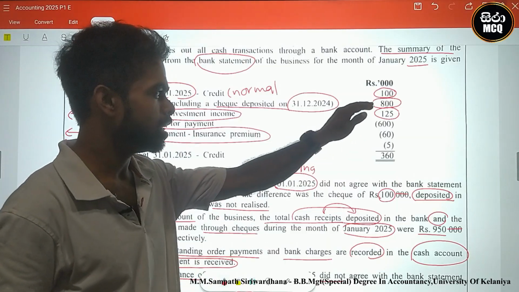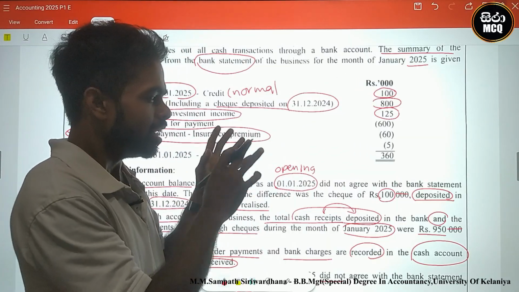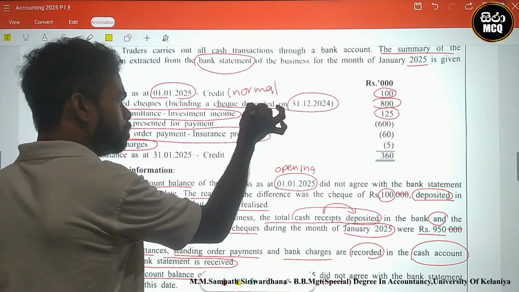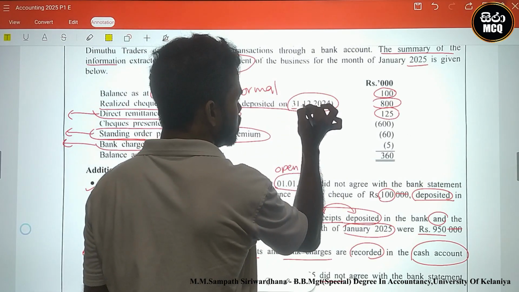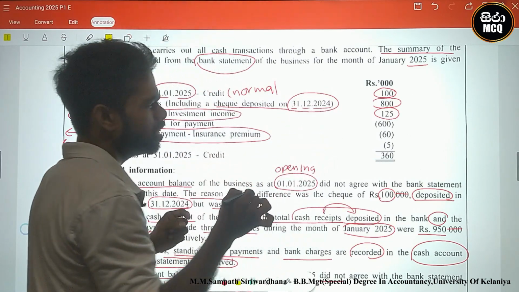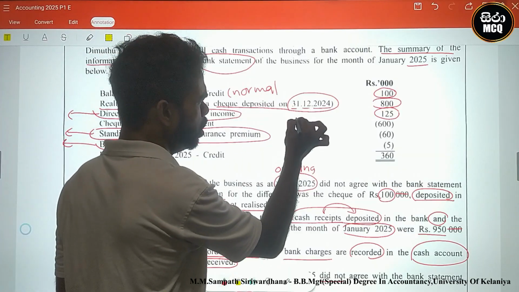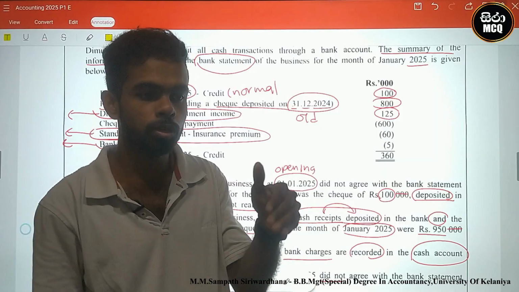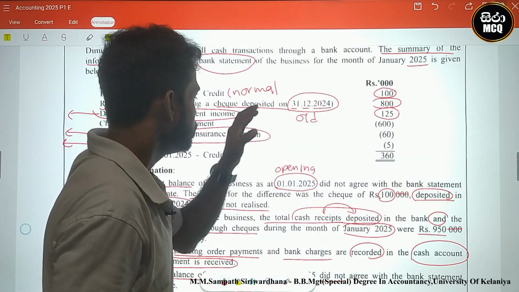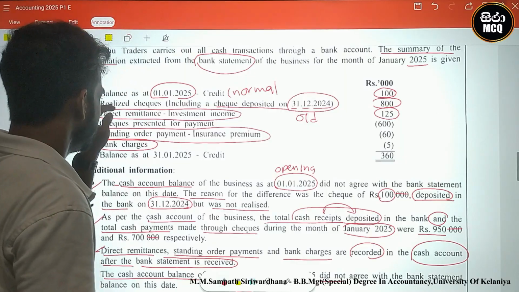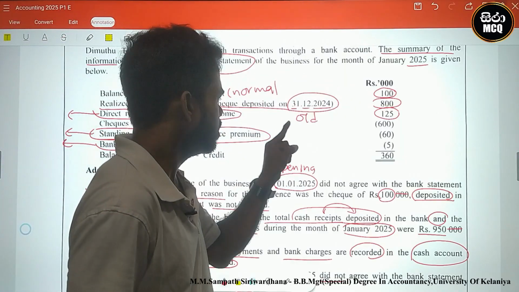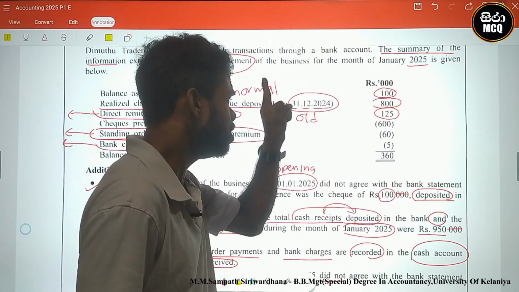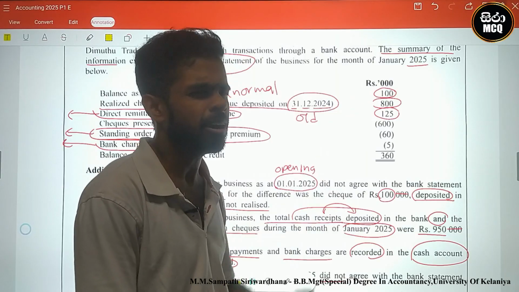The realized checks of 800 include some old checks. The current month is January 2025, but the realized checks include the old ones, checks deposited on 31st December 2024. There is an old check.